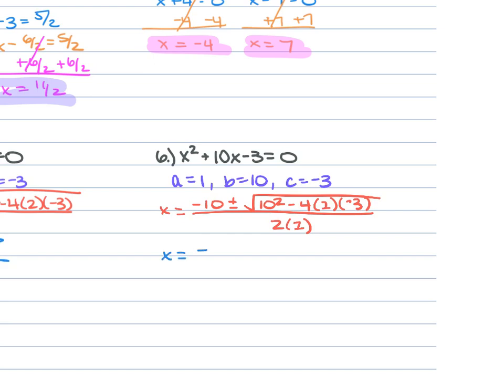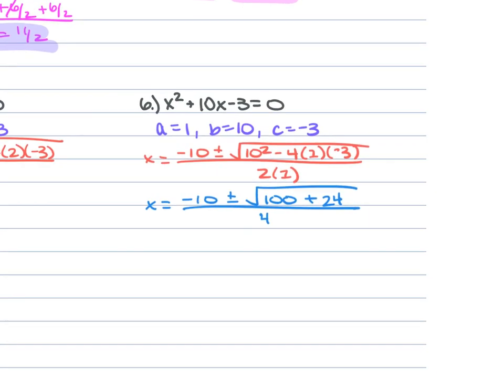So x is equal to negative 10 plus or minus the square root of 100 minus 4 times 1 is negative 4, times 2 is negative 8, times negative 3 is a positive 24 all over 4. From here, we're going to have x is equal to negative 10 plus or minus the square root of 124 all over 4.